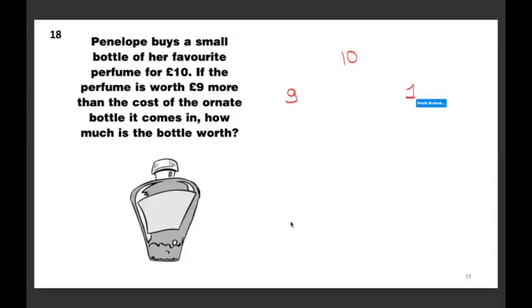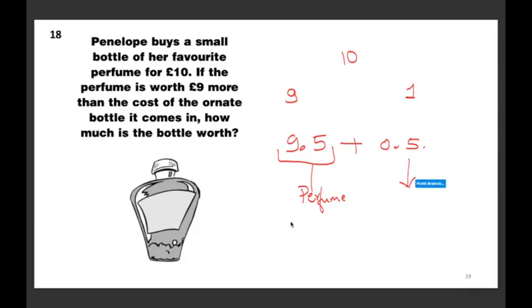So this 1 has to be split. One has to be a value of 9.5, another has to be a value of 0.5. This is the perfume and this is the value of the bottle. So 0.5 is the correct answer.